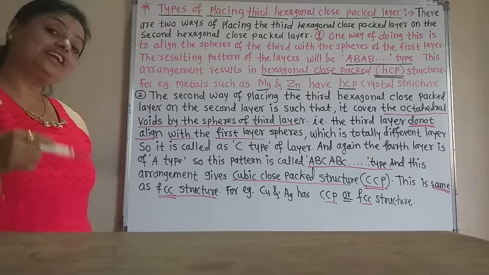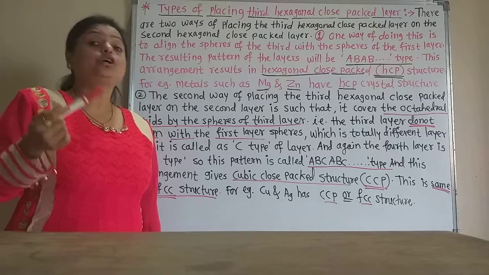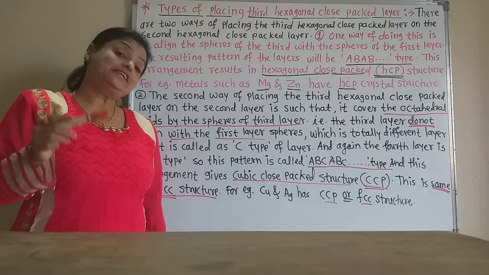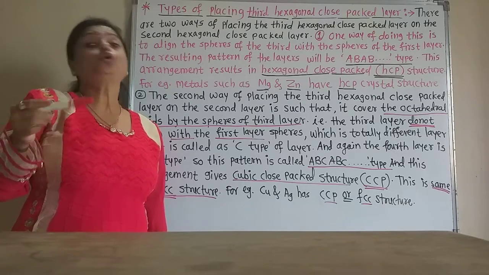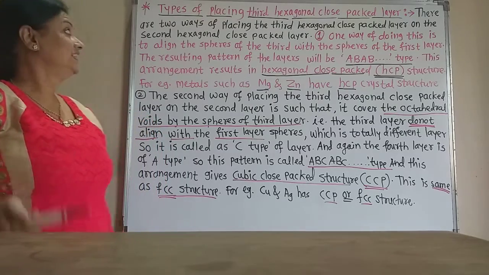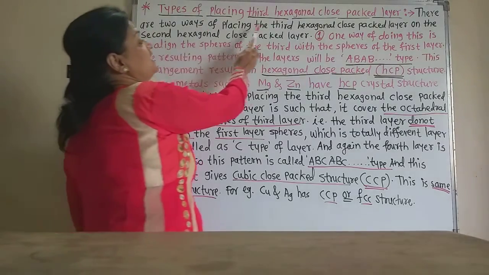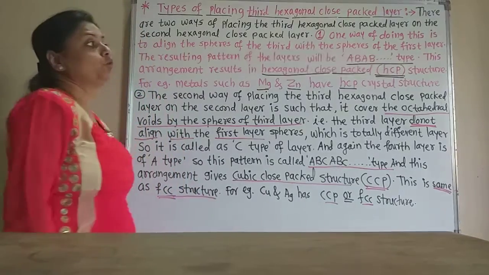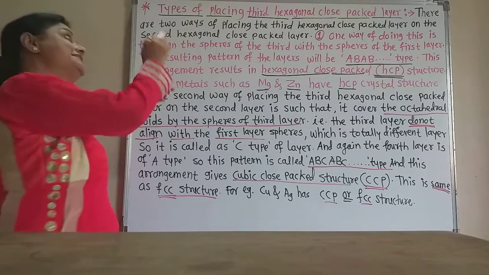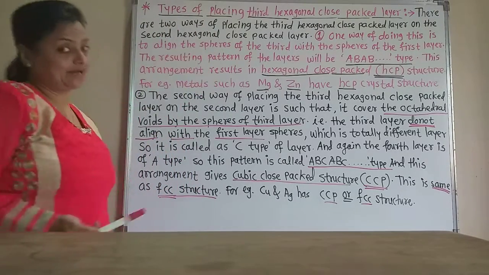Now the third layer of hexagonal close packed is arranged in two different ways. There are two ways of placing the third hexagonal close packed layer on the second hexagonal close packed layer.